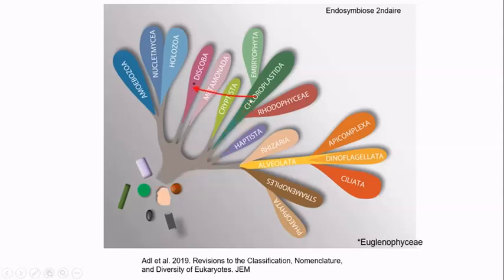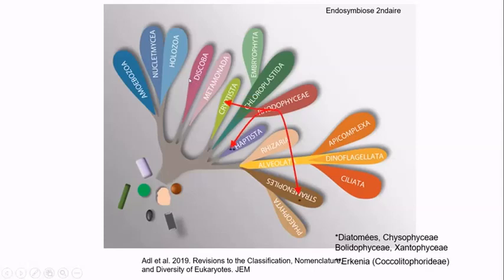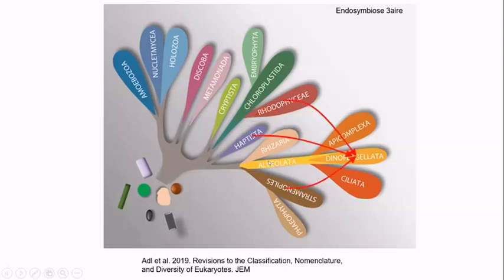Secondary endosymbiosis: you start with Chlorophyta, and it gave the Euglenozoa, Euglenophyta, or from the Rhodophyta, it gave the Haptophyta, the Cryptophyta, and all this big group with the diatoms, the Chrysophyceae, Bolidophyceae, and Xanthophyceae. And the tertiary endosymbiosis, mostly for dinoflagellates, their chloroplasts come from Rhodophyta, but also diatoms and Haptophyta.